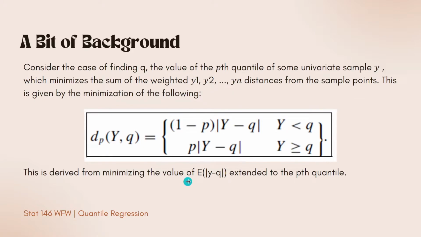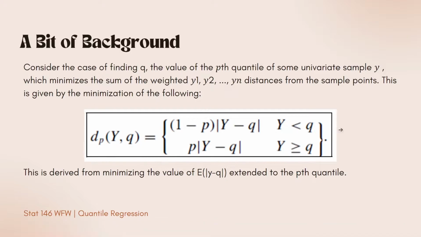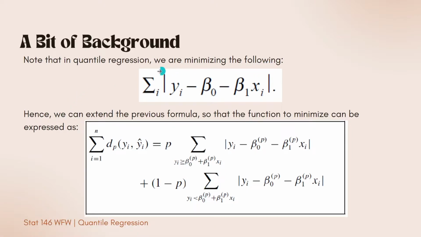Then that is extended to the pth quantile, and this is what you get. I will not give the derivation here, but it is in the reference by Hao and Naiman, where you can see how it is derived. For now, let us accept that this is the distance function for this case, and we proceed, noting that in quantile regression, we are minimizing the following: the absolute value of y_i minus this whole term, which is just y_i hat.